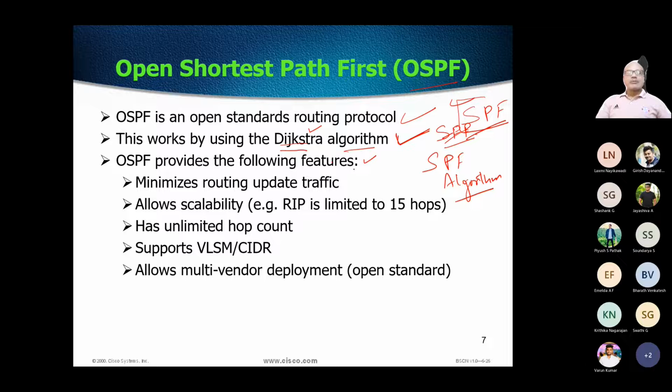OSPF provides the following features: it minimizes the routing traffic updates, because as you know, OSPF is going to be implemented in big networks. As you know, the limitation of RIP is 15, and your EIGRP is how much? 255, right? So it allows scalability, whereas these have limitations.